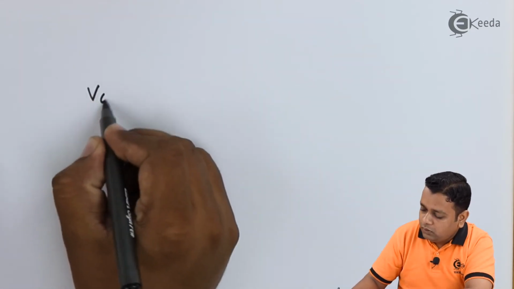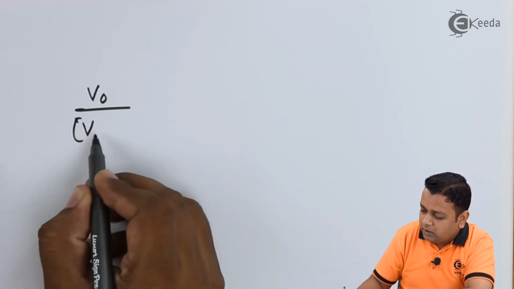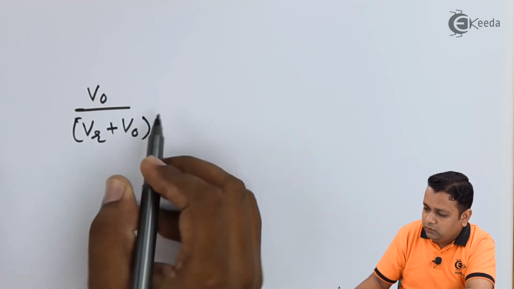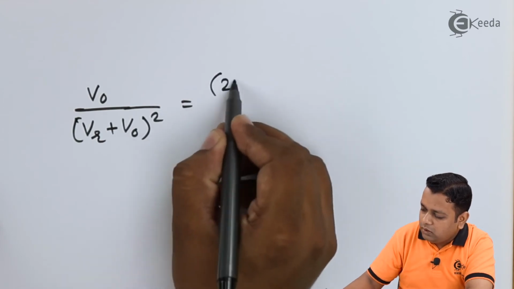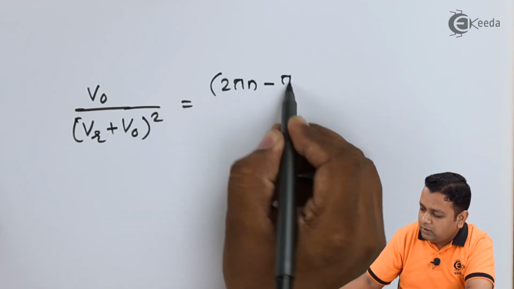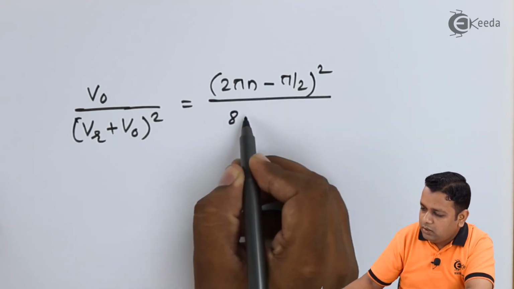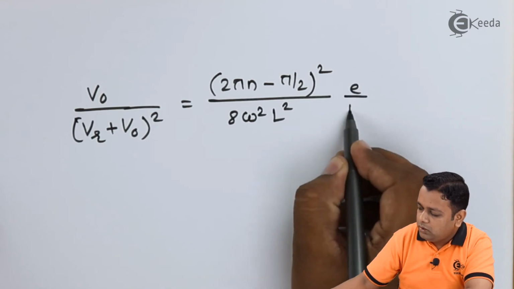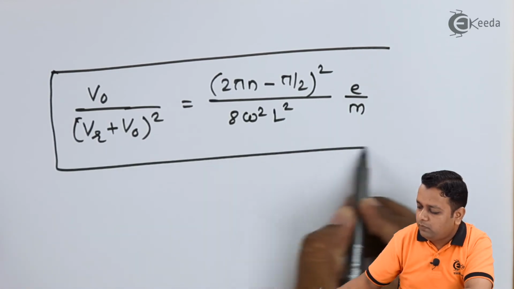The formula is V0 divided by, inside the bracket in the denominator, VR plus V0, the bracket is squared, and this is equal to 2 pi n minus pi by 2 bracket squared divided by 8 into omega square capital L square into E by m here. So this formula is also important.